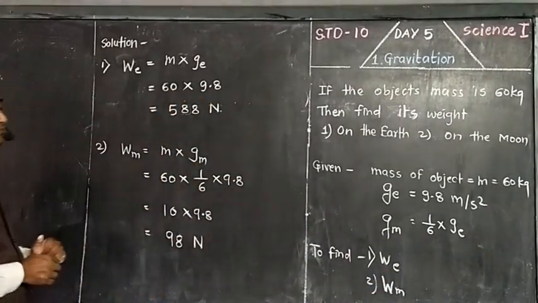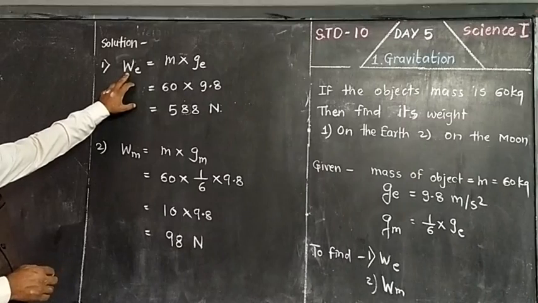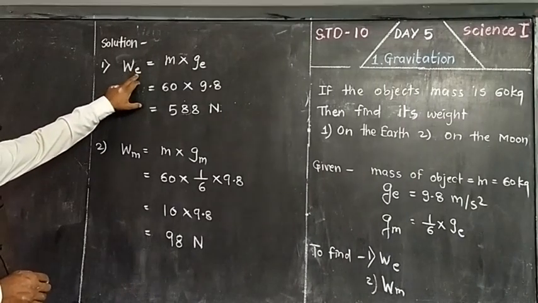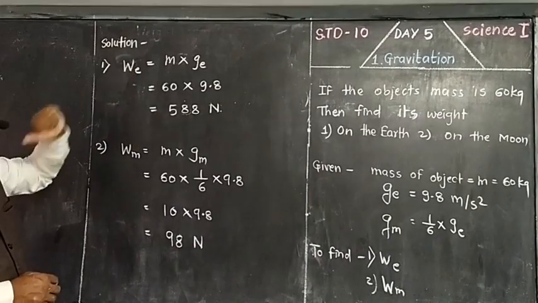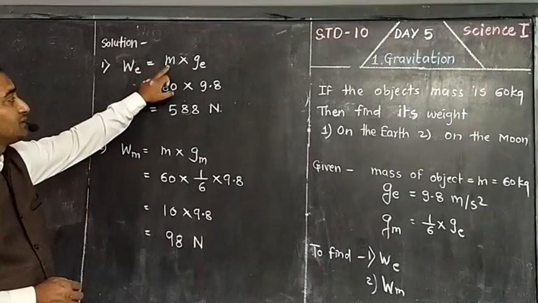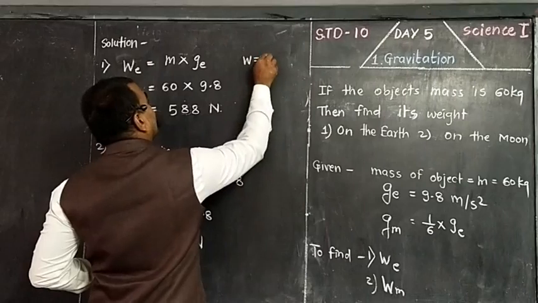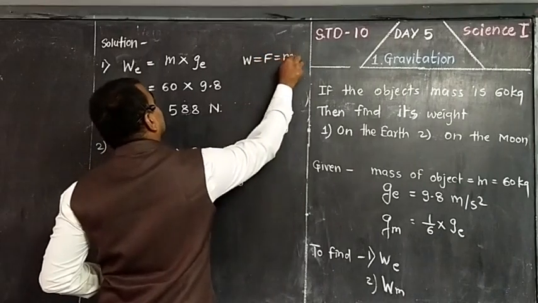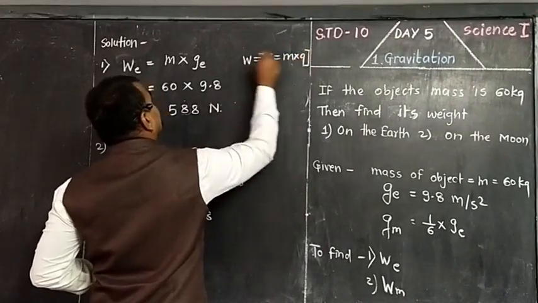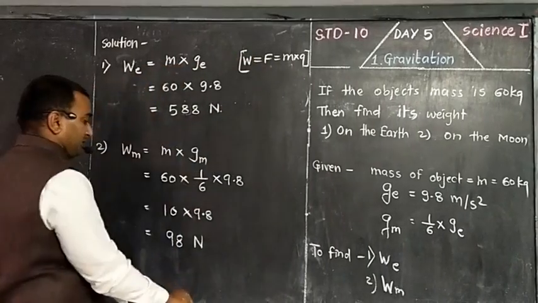See, solution. Weight of that object on the Earth, that is equal to force. Force is equal to mass into acceleration, because we know that W is equal to force is equal to mass into acceleration. This is the formula I have used here.